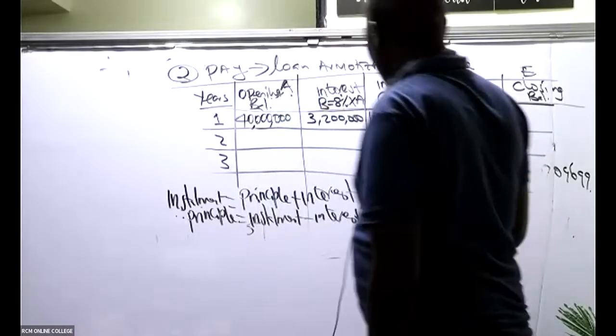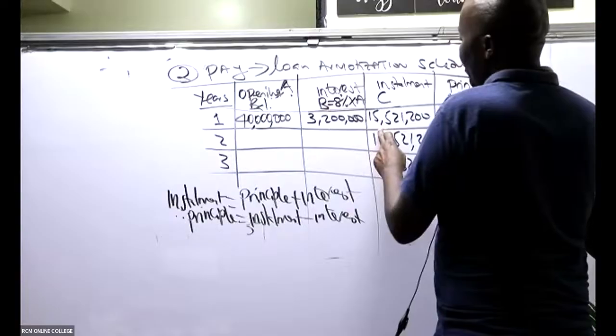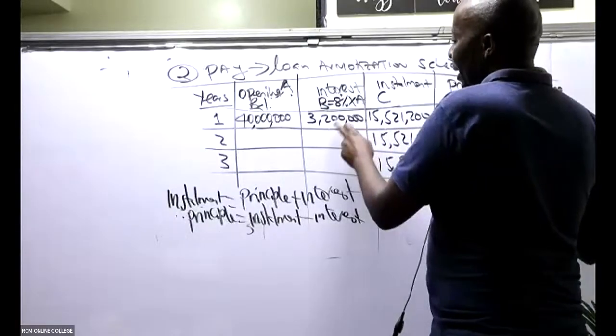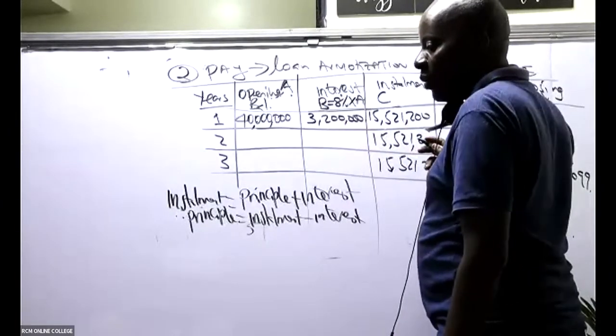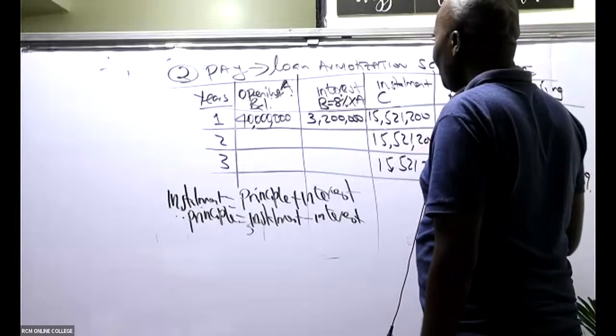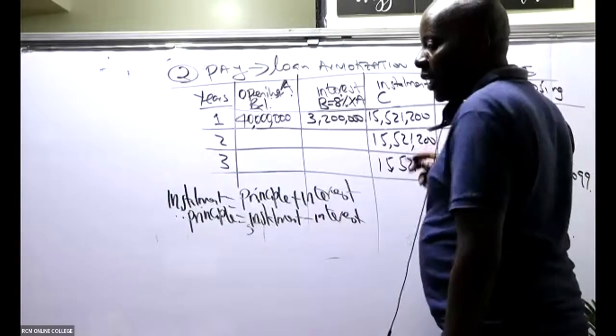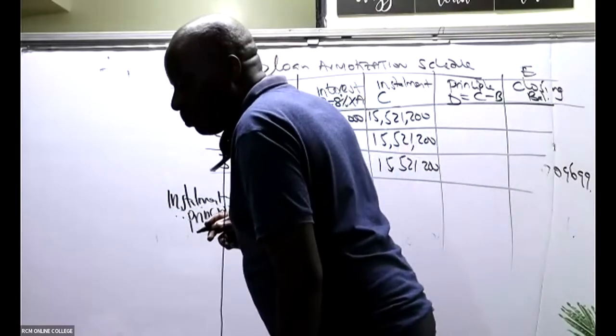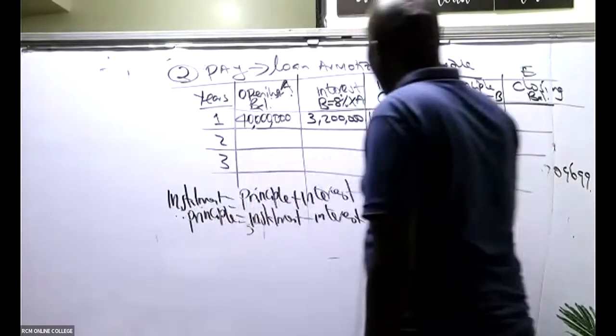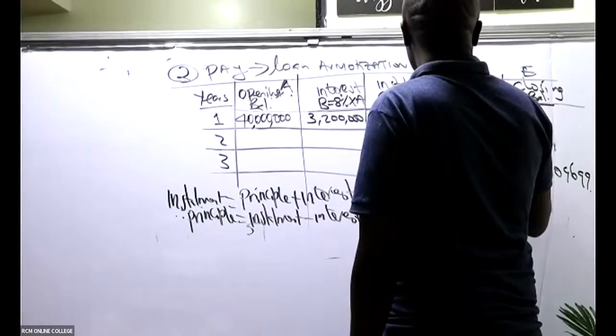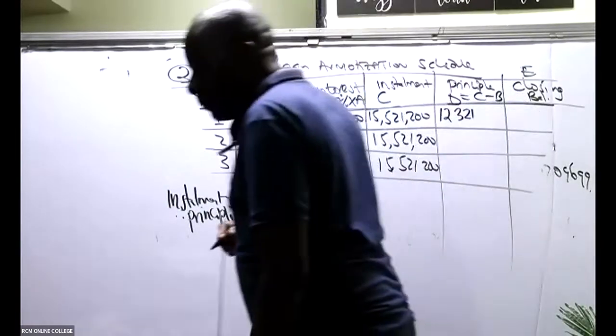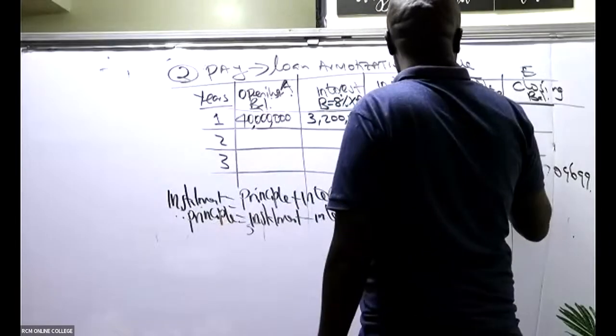The first principal, somebody here. So 15,521,200 minus 3.2 million gives me what principal? A great ninja here called Hope: 12,321,200. Thank you so much.